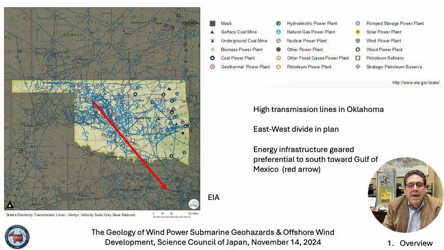If you imagine this as a pan, there's a handle, that thin strip in the very northwest of Oklahoma. That becomes your high transmission line power infrastructure. And the red arrow is pointing down towards the Gulf of Mexico on the other side of Texas.